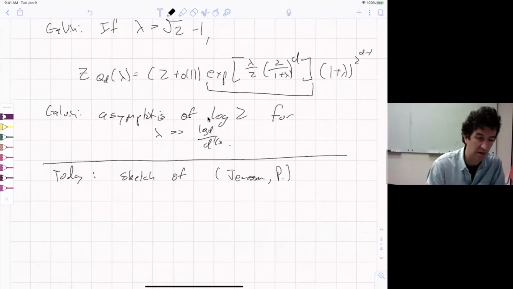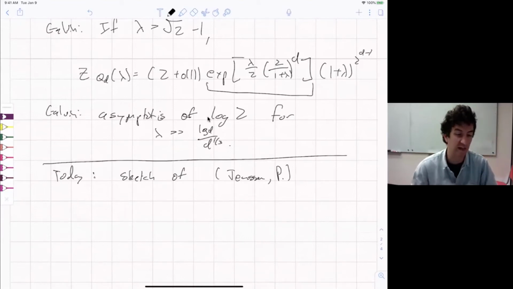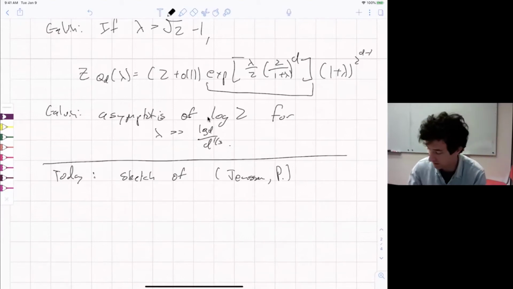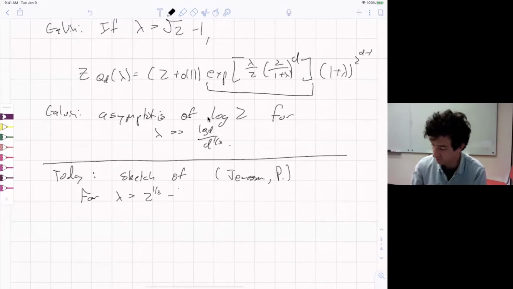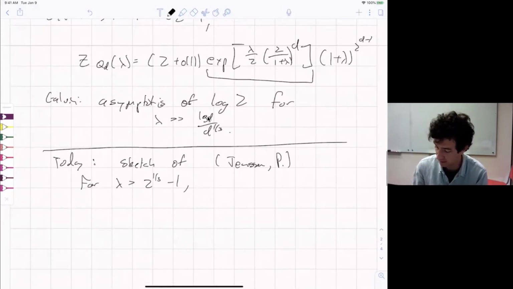And it's an asymptotic formula for the partition function for any constant lambda. But let's just give one example. So for lambda greater than 2 to the 1/3 minus 1, Z_{Q_d}(lambda). So this is an asymptotic formula. It's going to look similar.